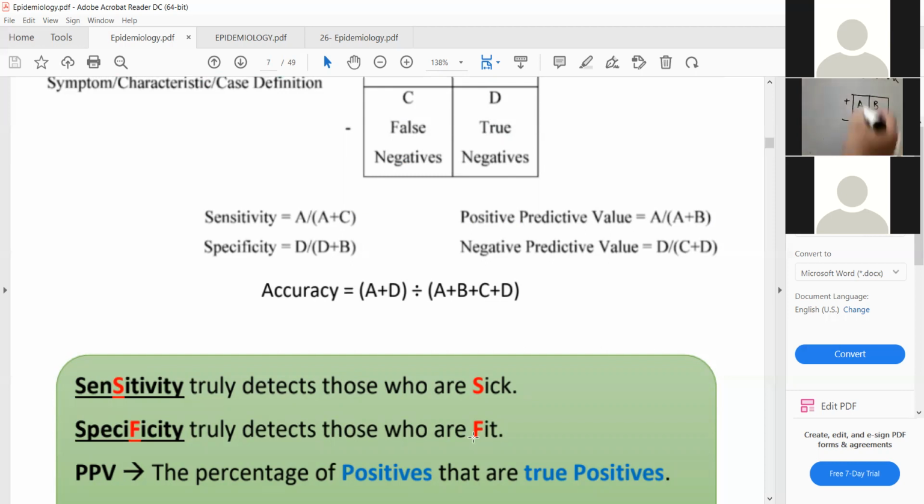In sensitivity, we need to take into account this disease column, that is A over A plus C. And specificity was B over B plus D.